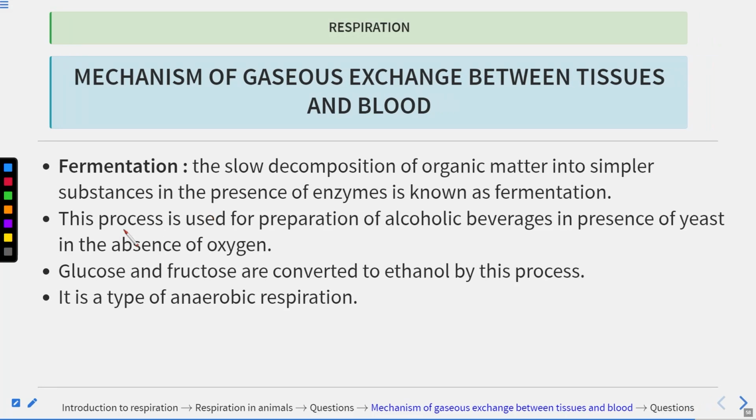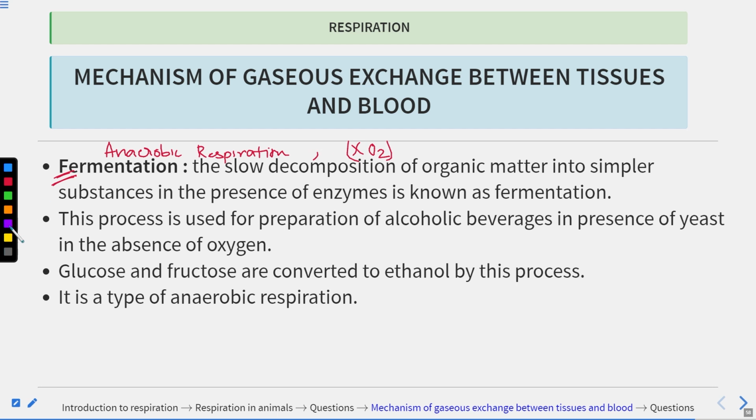Now let's study anaerobic respiration. I have already introduced this topic in the first lecture. Fermentation is also known as anaerobic respiration. What does anaerobic respiration mean? It takes place in the absence of oxygen, or you can say no oxygen is utilized.